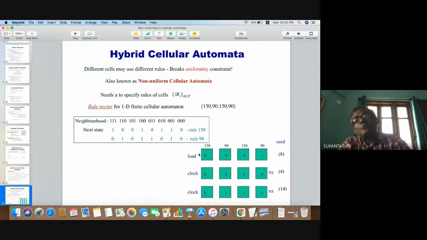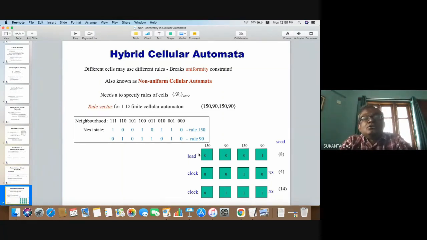And again, almost all cases, the cells follow Wolfram rules, like 90, like 30, like 150. If you go to the literature, almost all works on hybrid cellular automata consider Wolfram rules only.